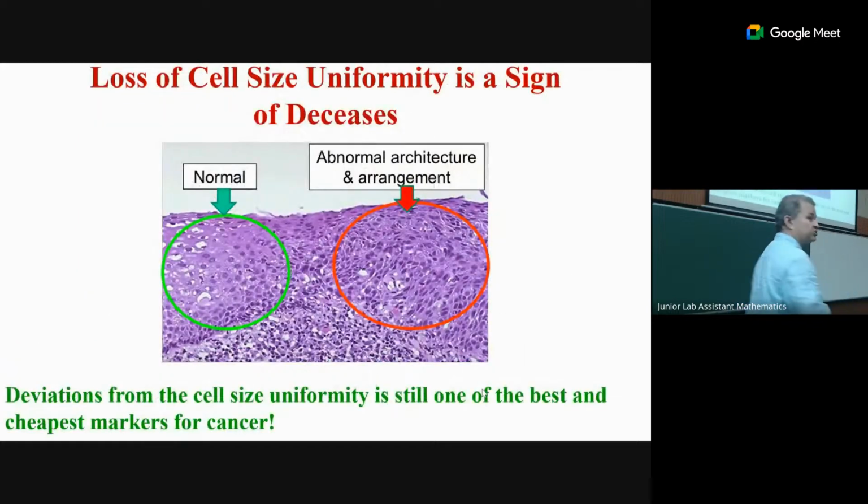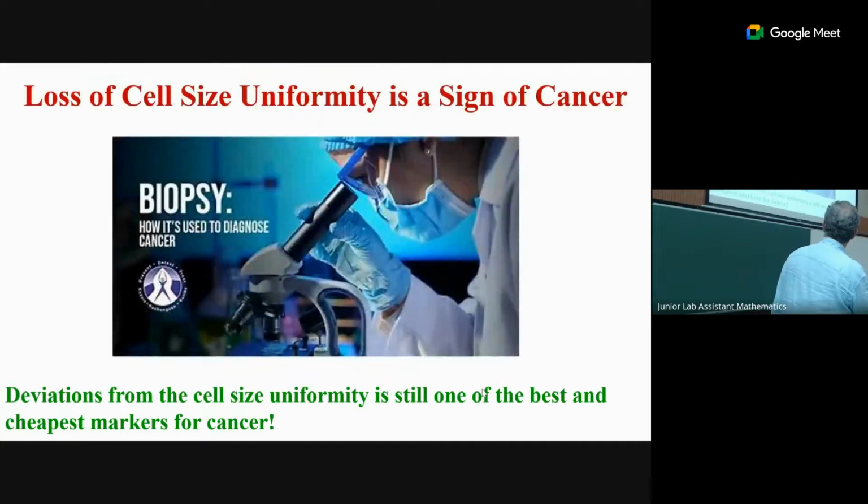This is so strong that it is still the best test for cancer. God forbid, if somebody asks to do a biopsy, that's what they do. They essentially look at it under the microscope. Any deviation from cell size uniformity is still one of the best and cheapest markers for cancer.